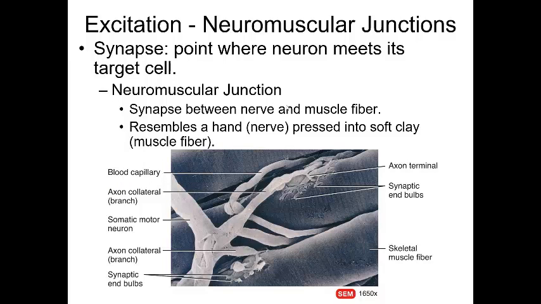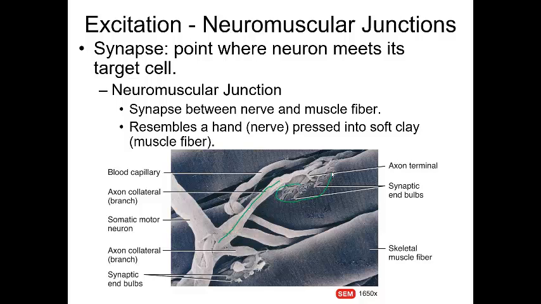Here's a scanning electron micrograph of a neuromuscular junction. So it's essentially a synapse. A synapse is where some kind of action between action potentials is going on. So right here is the somatic motor neuron. You can see the neuromuscular junction is right here.